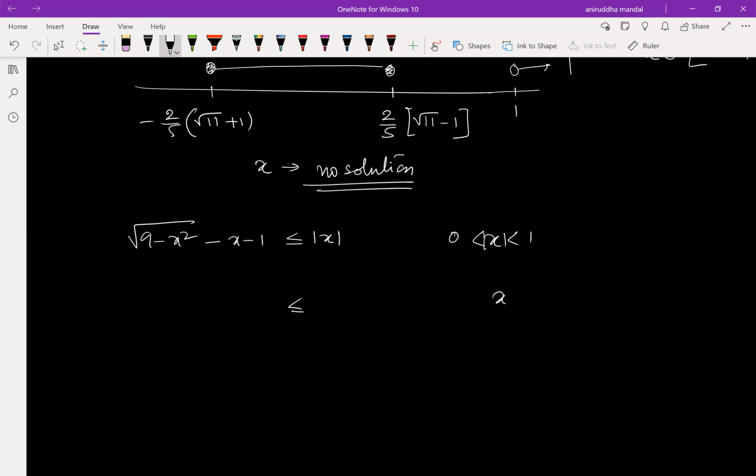Mod x is positive means it lies between 0 and 1, and second is when mod x is negative. Mod x is negative means it lies between minus 1 and 0.